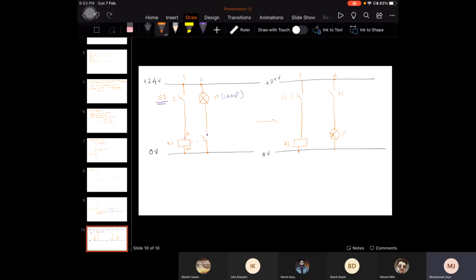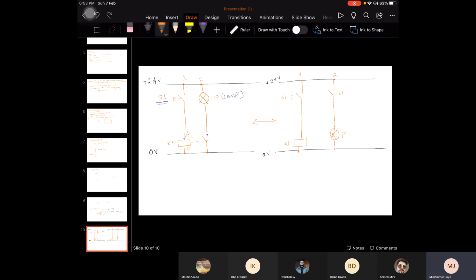These two circuits are basically the same. The only difference is the representation of the switch K1. In the circuit diagram on the left hand side, I have used the whole relay representation, but in the diagram on the right hand side, I haven't used a proper symbolic representation of the relay.